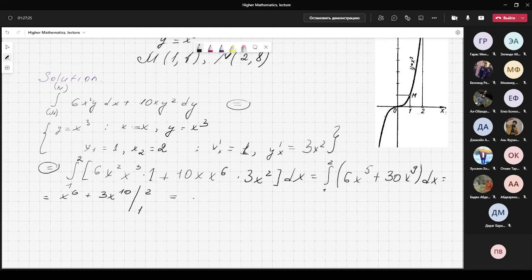And after calculation, we will have 1084.